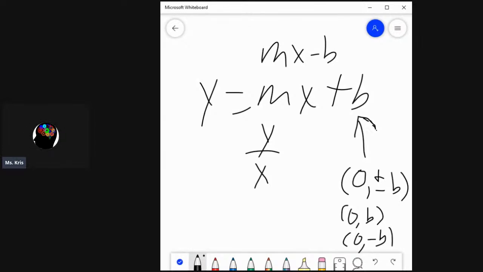Now, this is how you write a linear equation in slope intercept form. Now, what does it look like to write your linear equation in point slope form?